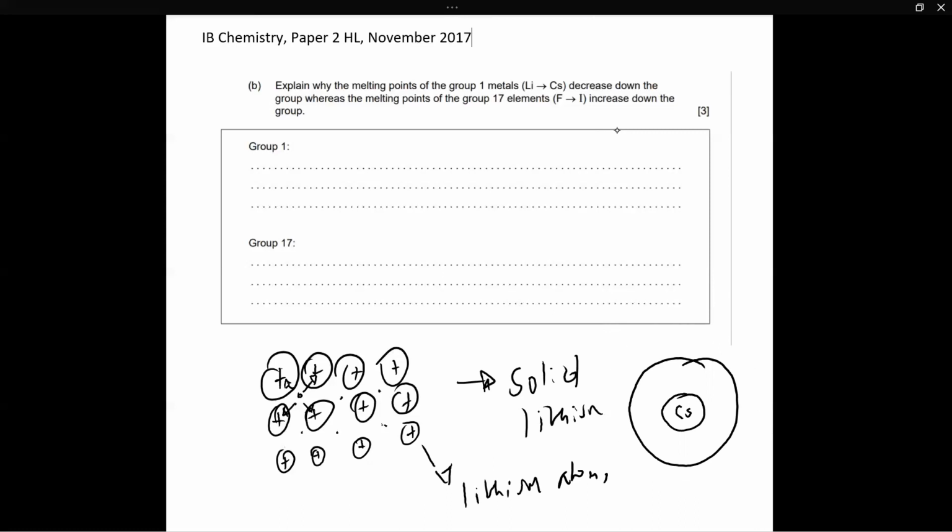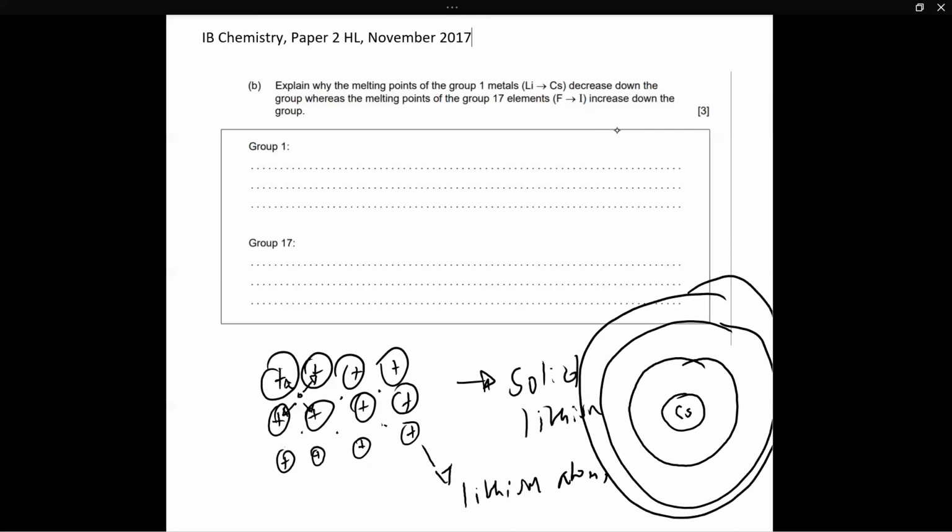And when the whole atom becomes bigger, right, when there are more and more shells, and in this structure that we have seen over here, where the positive nuclei is attracted to the electrons, and that's the force holding them together, the electron that is outside the ion also becomes further and further away. So imagine this is the electron.